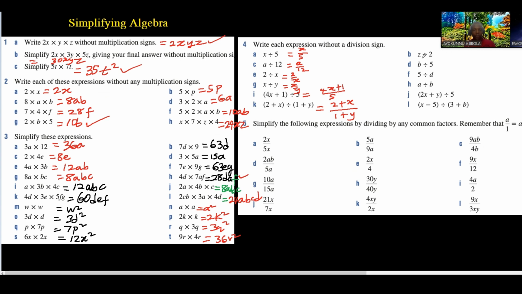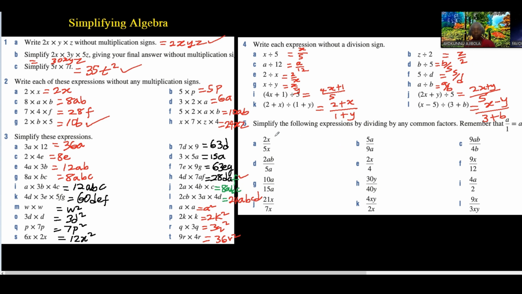Now we have the other one that is z over 2. Then we have b over 5. Also 5 over d, a over b, and 2x plus y over 5. And finally on this part we have x minus y over 3 plus b.